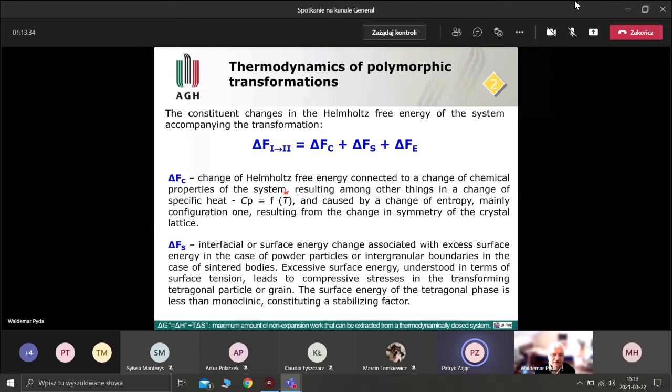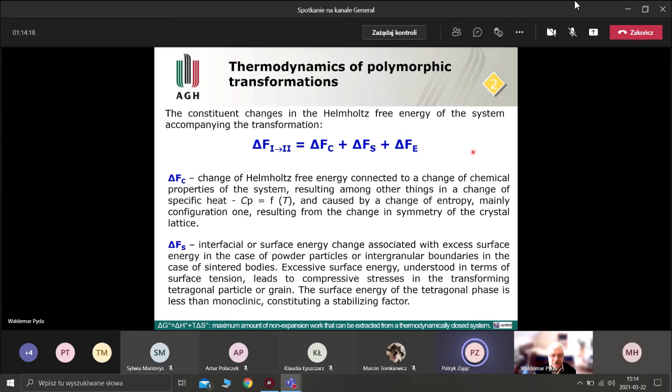Okay, another component, delta FS. This is connected with surface free energy, and this can be changed with different particle size that we use to process our material. What types of surfaces can exist in the zirconia systems?